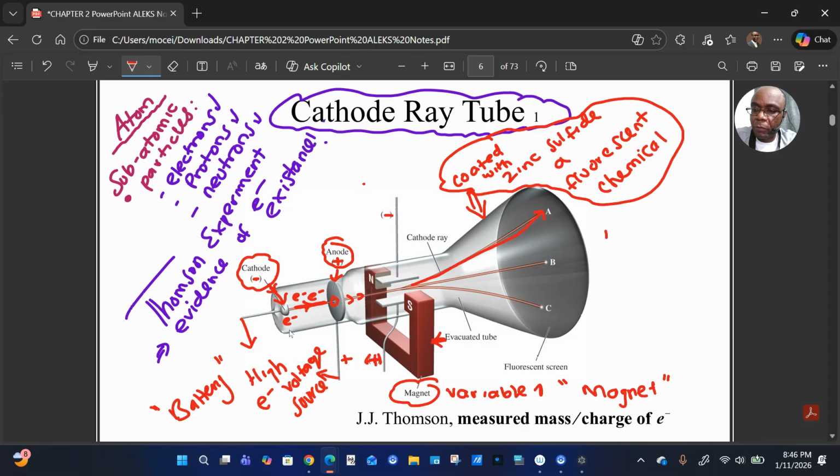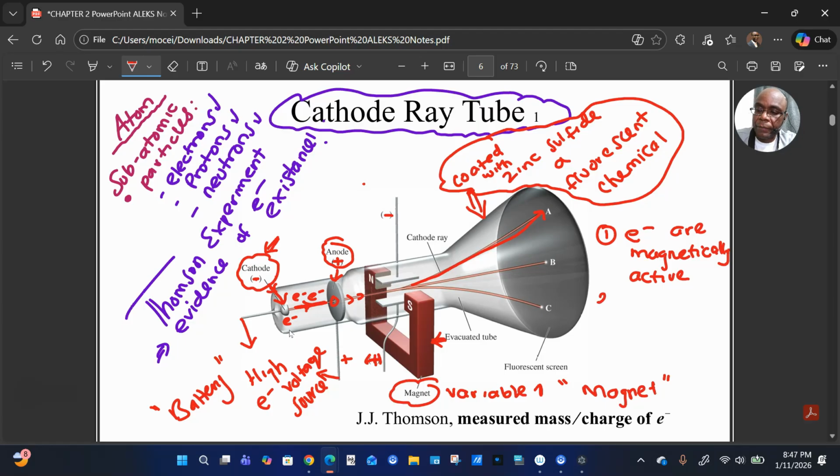The conclusion number 1 is that the particles produced from the cathode terminal were magnetically active. So electrons are magnetically active. Now, he probably didn't know yet those were electrons, he's just saying the particles are magnetically active, but later on he knew those were electrons.